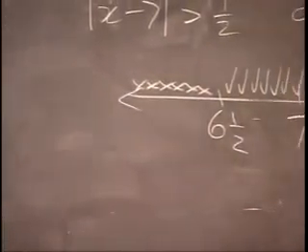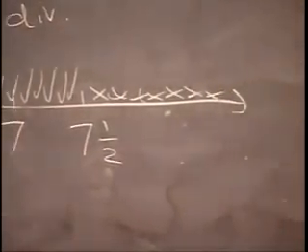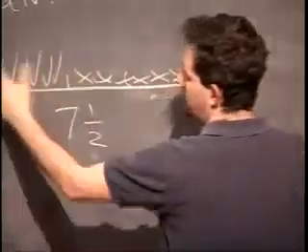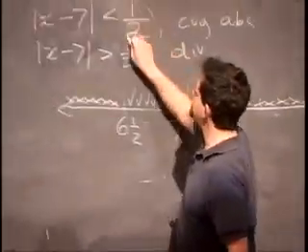So what's the radius of convergence? No, 7 is the center. A half is the width on each side; the diameter is 1, but the radius is a half, and it's just this number here.